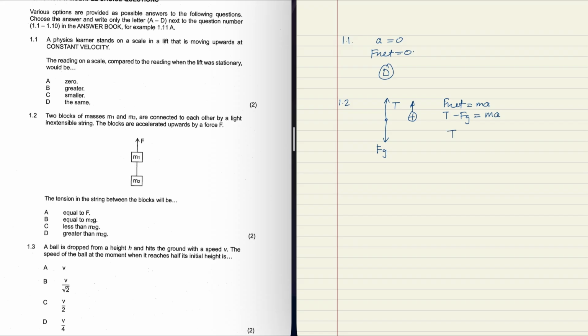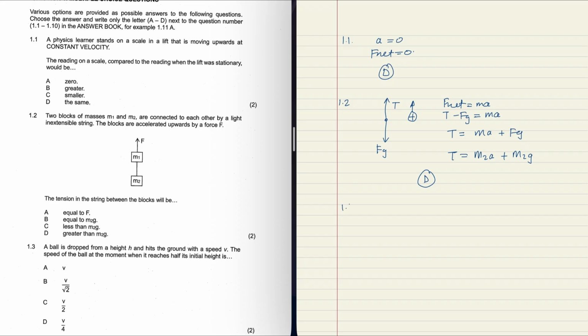That means tension is going to equal ma plus Fg. Now we can rewrite that a bit. We can say tension is equal to m2a plus m2g. So the answer here is going to be D, because the tension is more than m2g.